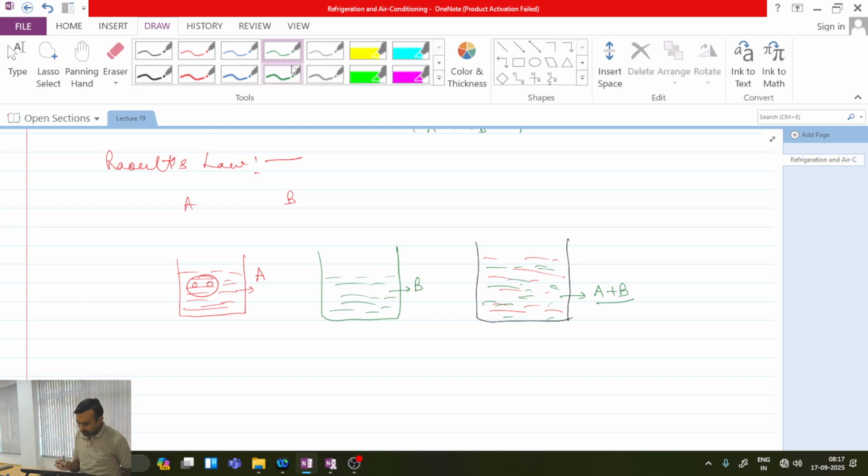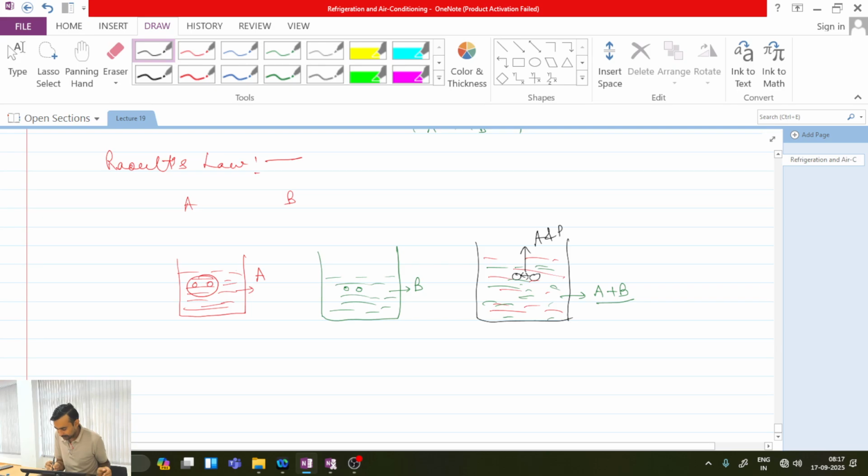Likewise, in B also, between the molecules of B, I will be having some intermolecular interactions, and whenever I have the mixture of A and B, then in addition to intermolecular interactions between AA and BB, there will also be some intermolecular interactions between A and B. Is this point clear? All are agreeing to this point?